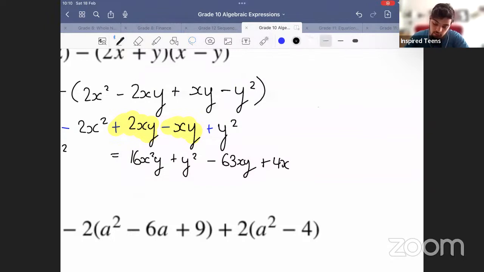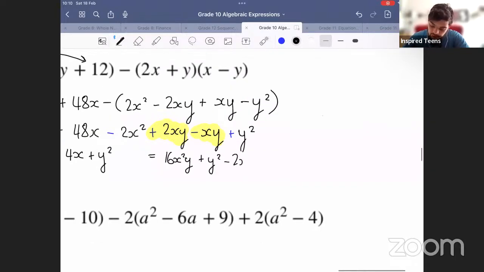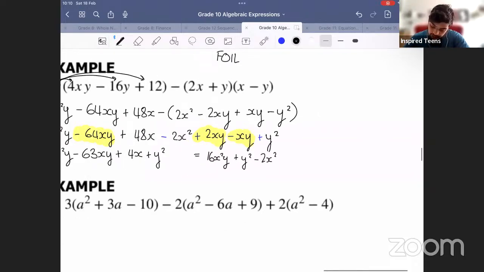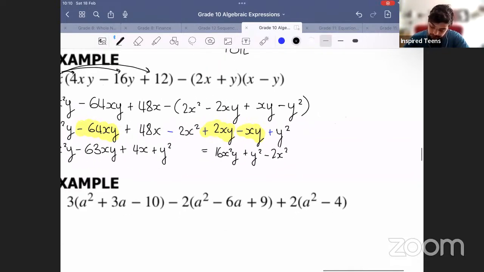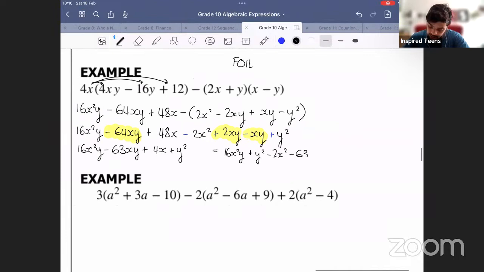Just erase it. So minus 2x squared, minus 63xy plus 4x. I think that's right now.